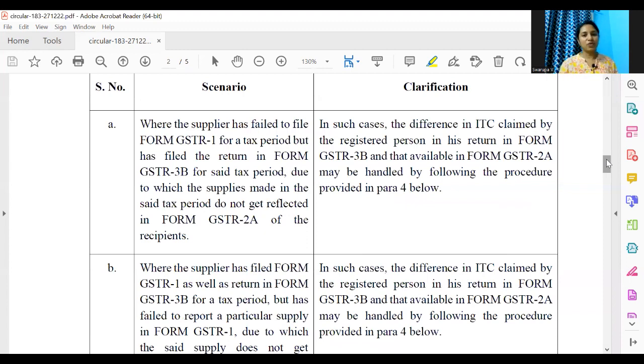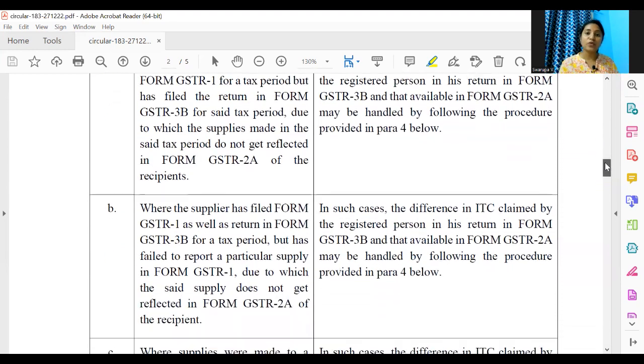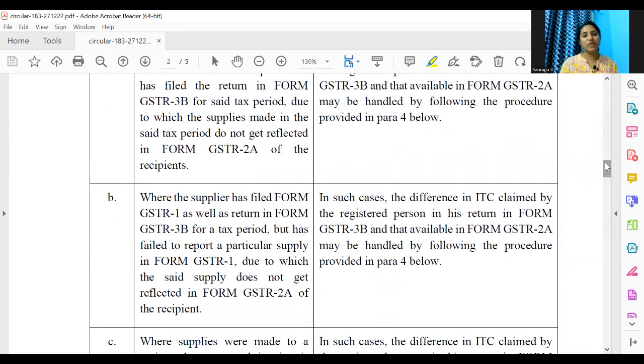The second scenario is where the supplier has filed GSTR 1 and has paid tax in GSTR 3B also, but he failed to include the particular invoice in question. So in that case also, CBIC has clarified that the credit can be considered.